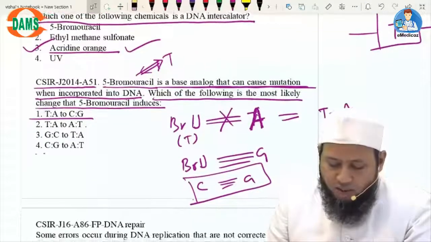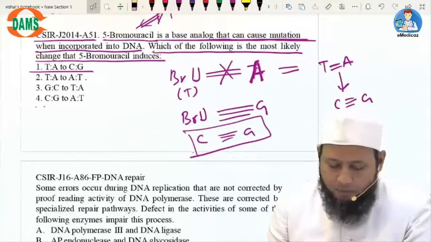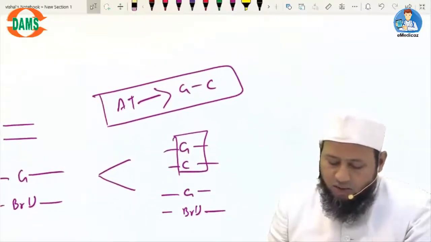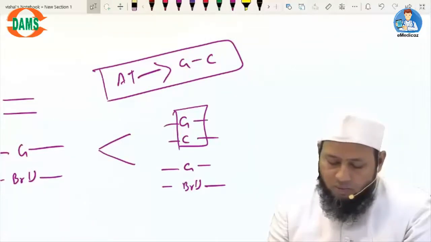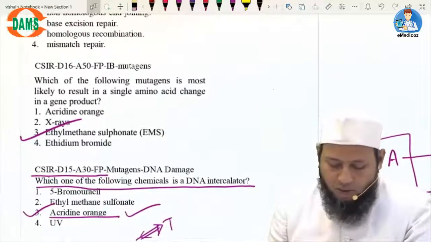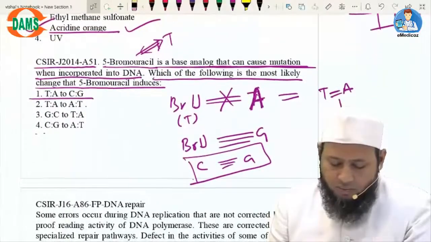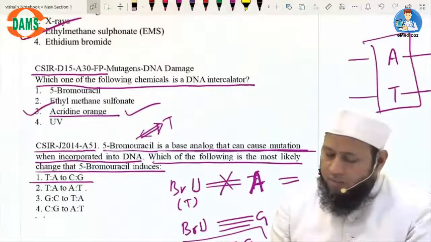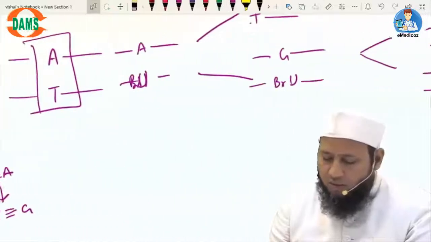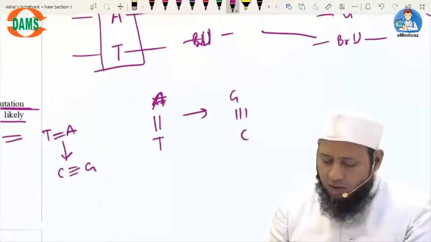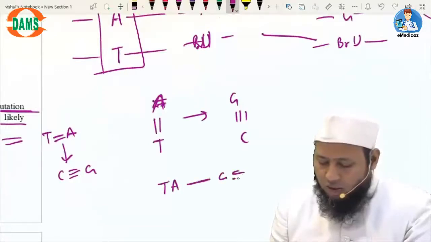Which of the following is the most likely change that bromouracil induces? AT to GC, or TA to CG.